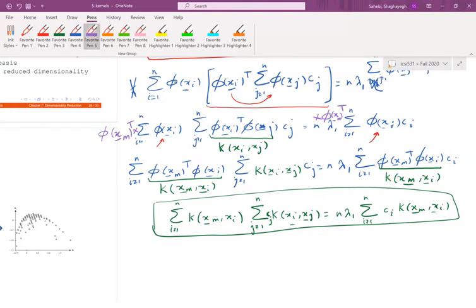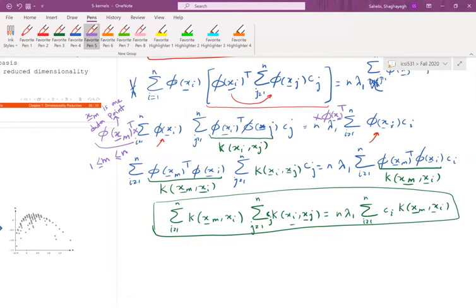Remember that when we picked phi of xm, m was just one number, one data point in our data set, right? So xm is one data point. But our data set has n different data points in it. So xm can be x1, it can be x2, it can be x3, it can be any of the data points between x1 and xn.